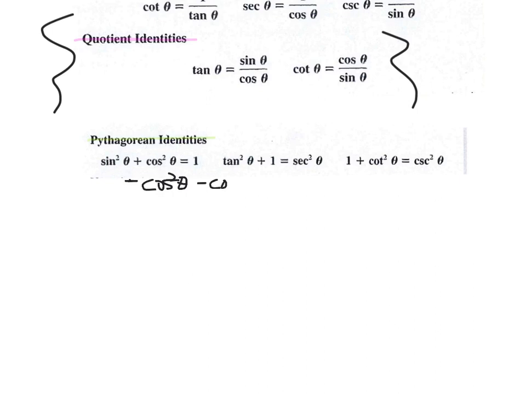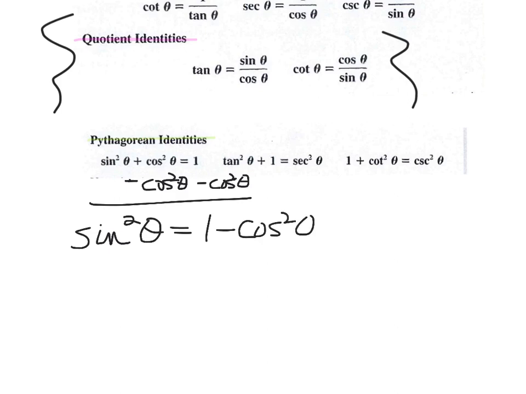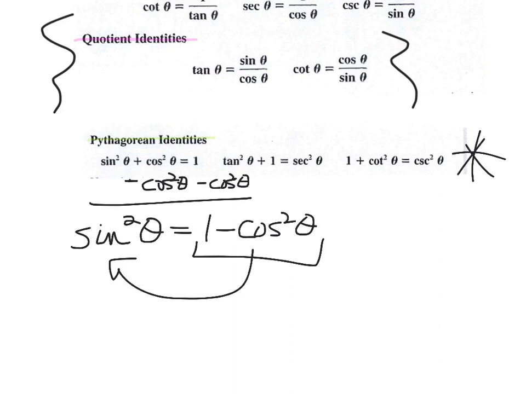And then I can get a different version of this Pythagorean identity because, again, I'm going to be doing a lot of substitution. So, for example, if you had something that asked you to simplify 1 minus cosine squared theta, you could substitute sine squared theta in place of it because that's what it equals. So be able to manipulate all 3 of these Pythagorean identities into something that you can use in your problem.